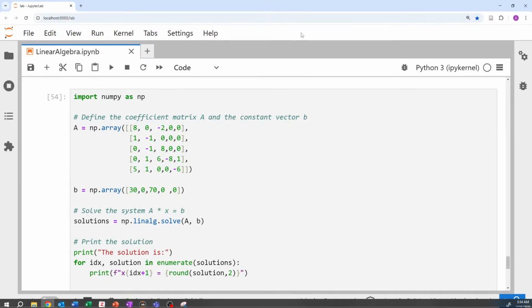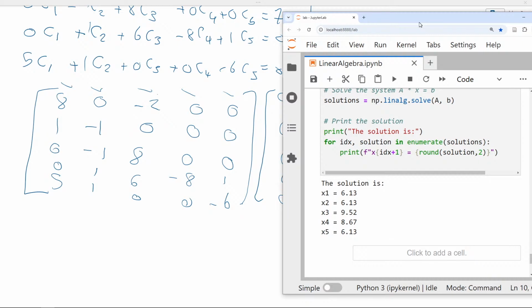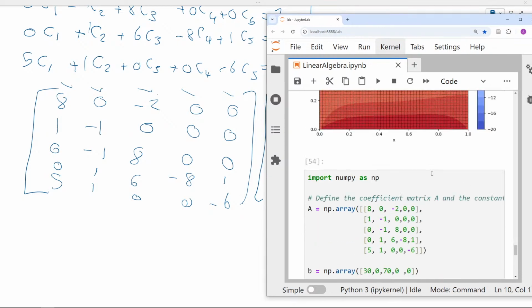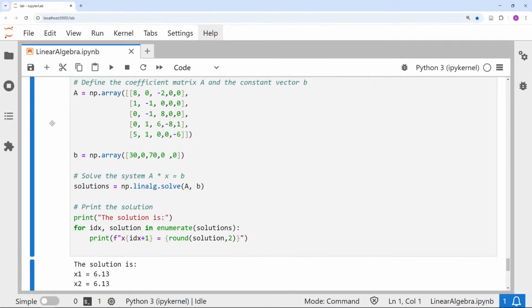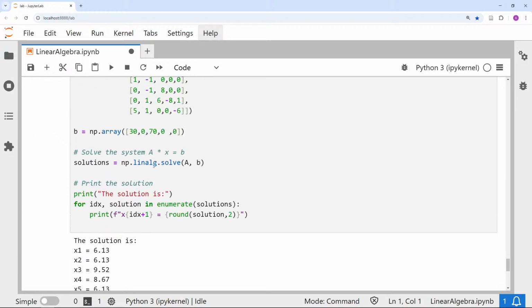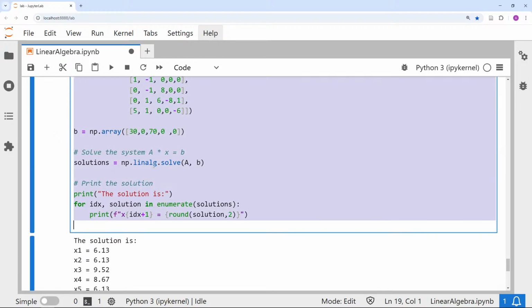If you want to do this with Python, basically what you can do here, let me just create a new one.